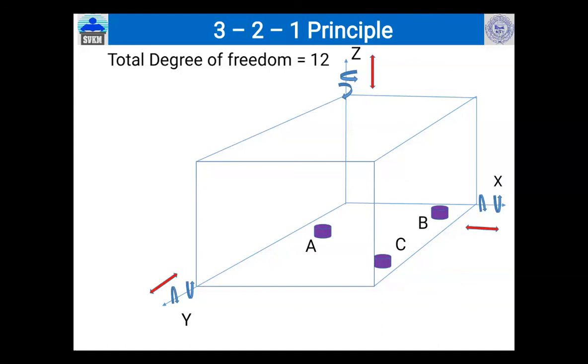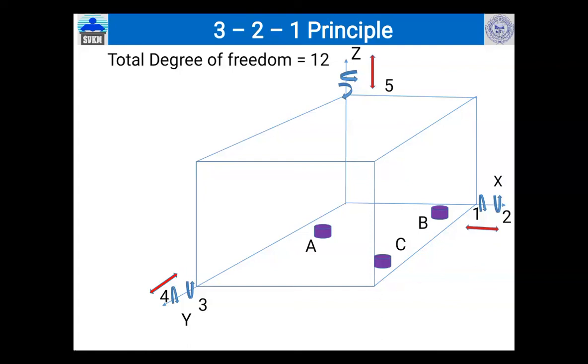That is clockwise x, anti-clockwise x, clockwise y, anti-clockwise y, and z downward. So by adding 3 pins we can restrict 5 motions.